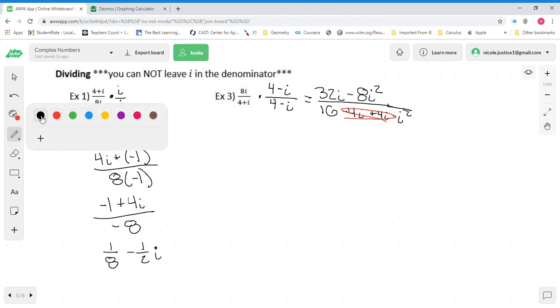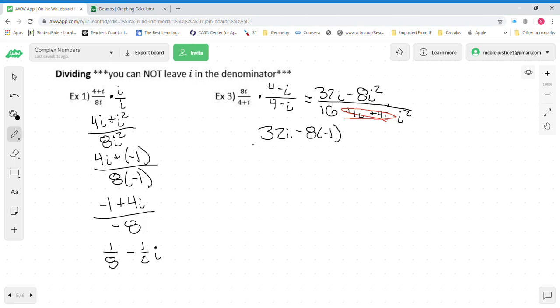So if we keep going through and simplifying this, we're going to have 32i minus 8 times negative 1 over 16 minus negative 1. So when I rewrite the top, I am going to switch the 8 in front so it's in standard form.